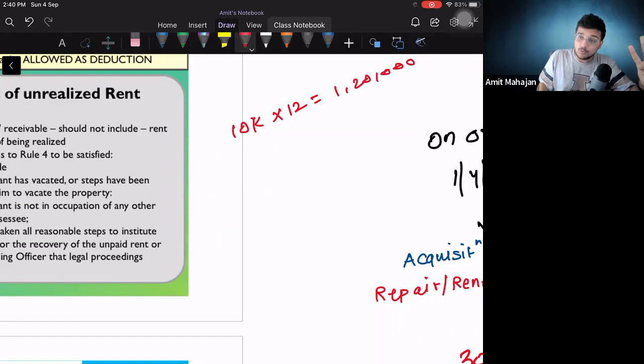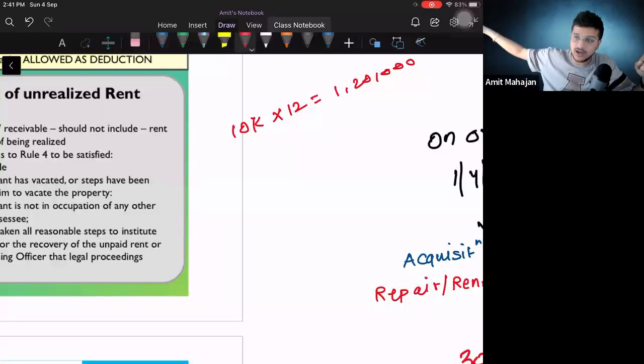But for 2 months, tenant has not given the rent to me. In this case, will I compare my expected rent with 1,20,000 or will I compare my expected rent with 1 lakh? I will compare the expected rent with 1 lakh because it is actual rent received. ARR. So actual rent minus unrealized rent.